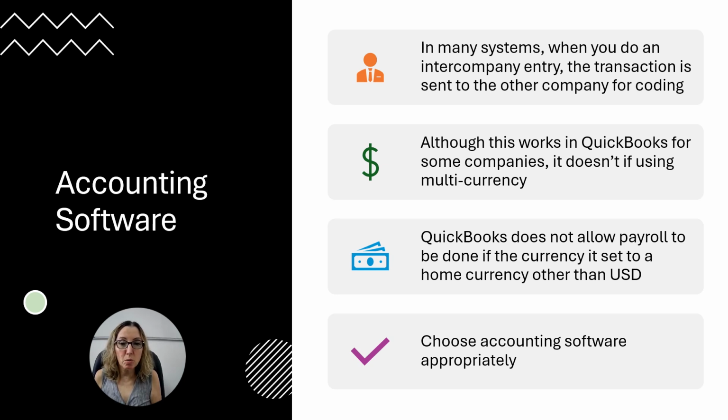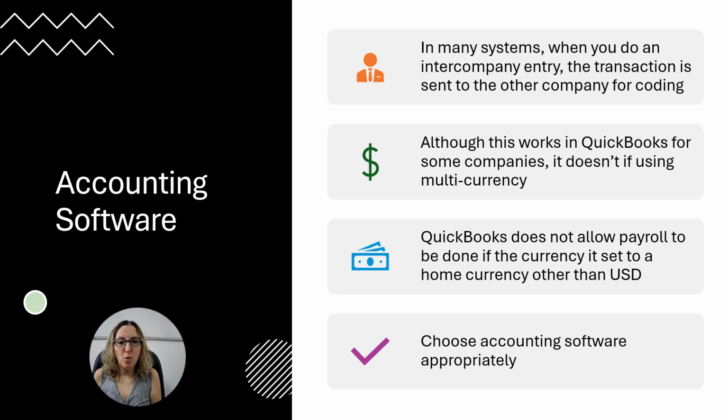Now this could work in QuickBooks for some companies, but in our case it doesn't because we're using multi-currency accounting. So unfortunately, even though QuickBooks can use multi-currency and it can do the intercompany setup correctly, it doesn't allow both to be done in one system. So unfortunately for us, we do actually have to go into both companies separately and record the transactions the way I was showing.